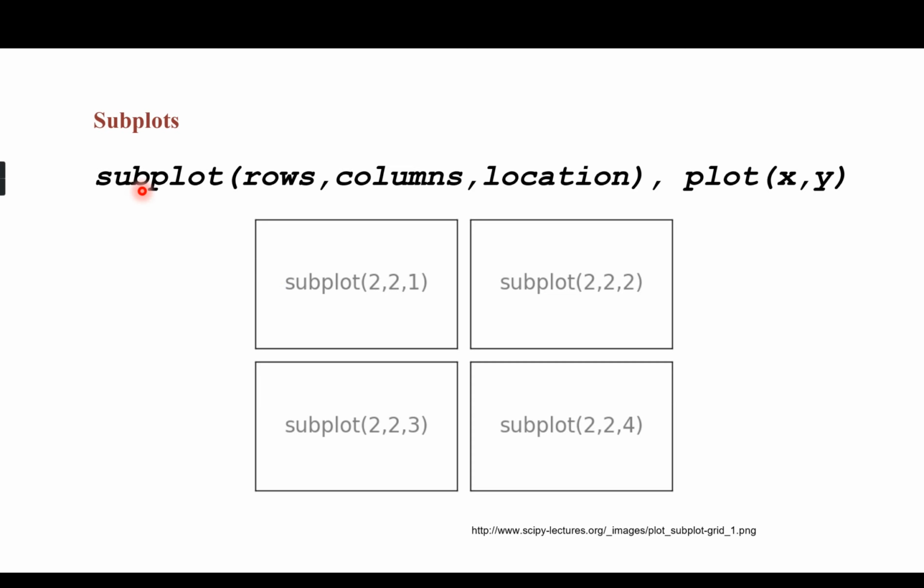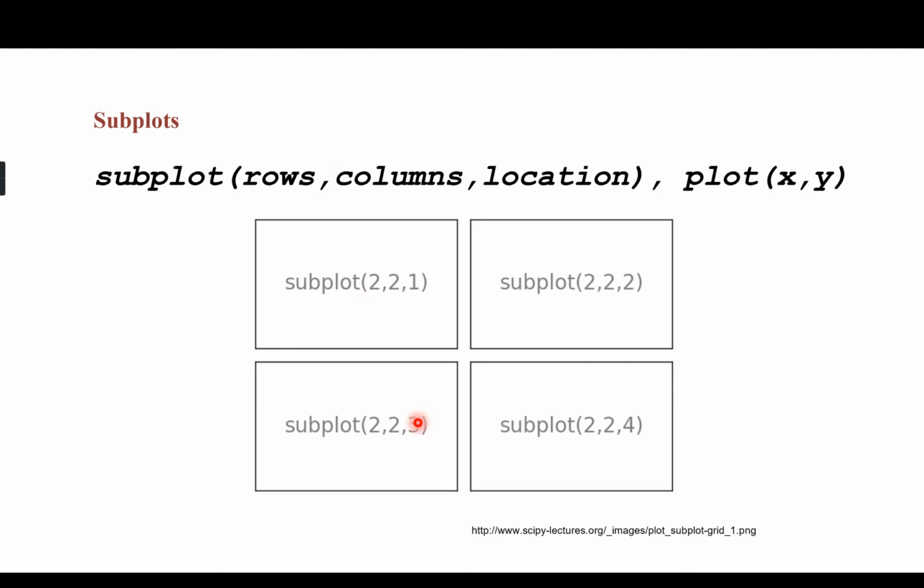The way it works is: subplot, open a bracket, you specify how many rows and how many columns you want in your grid. So the figure window will be divided into these many rows and columns. If you multiply them together, it will give you how many locations you have in your grid.